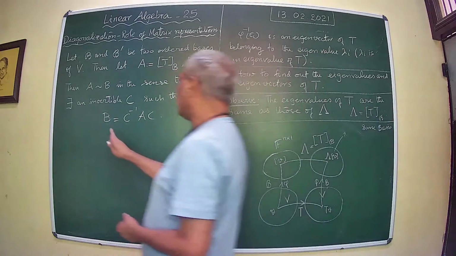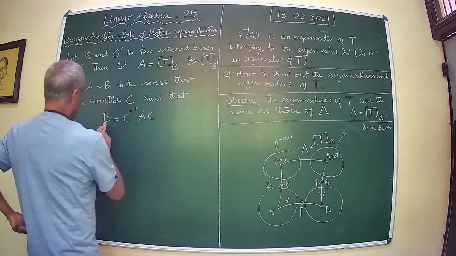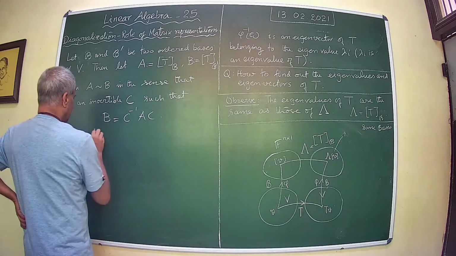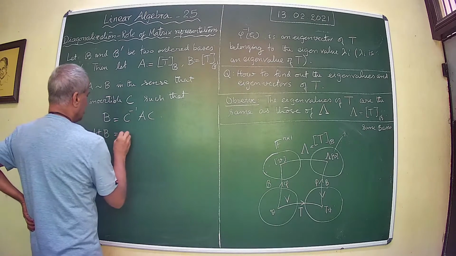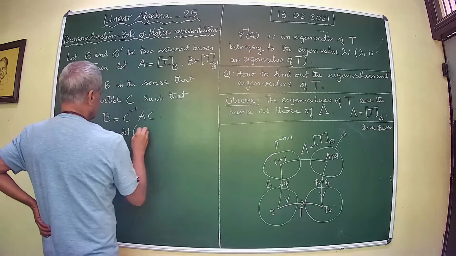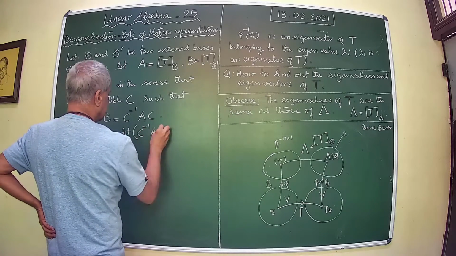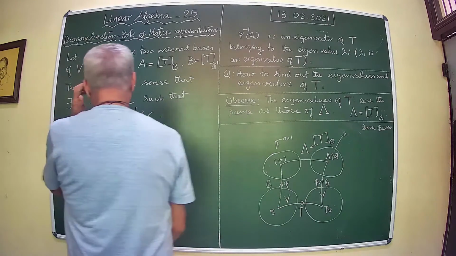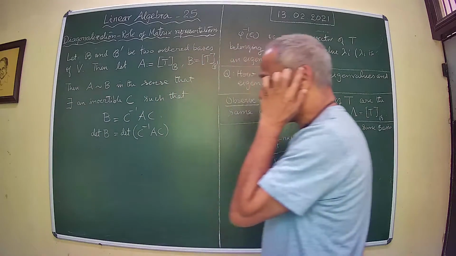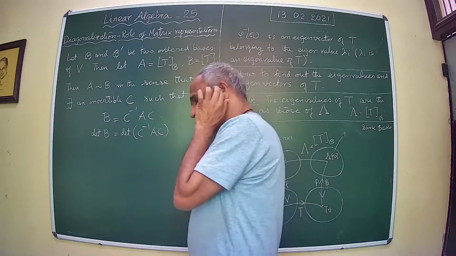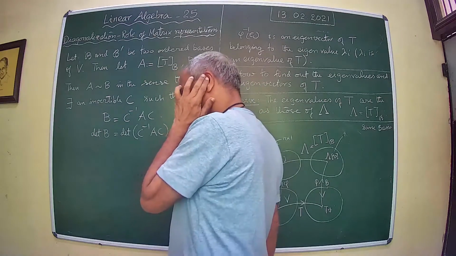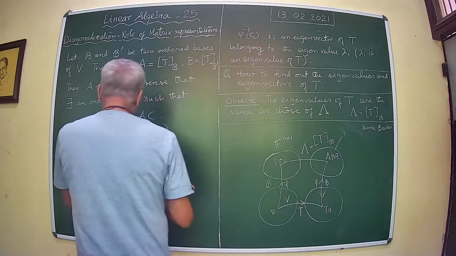Now we immediately observe certain facts. What are the facts? You can immediately show that determinant of B equal to determinant of C inverse AC. And you know that the determinant of the product of two matrices is again the product of the determinants. So we make use of that.